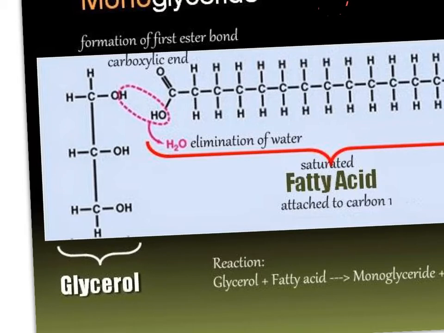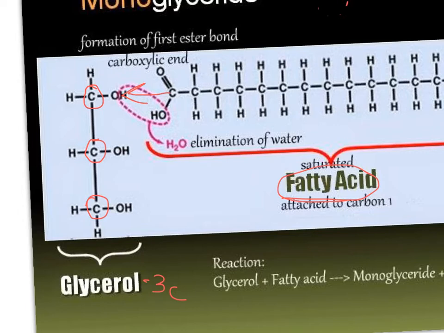And what's important that you understand about glycerol is there's 1, 2, 3 carbons in a glycerol. And you cannot add fatty acids anywhere except to the oxygen that is connected to one of these 3 carbons.